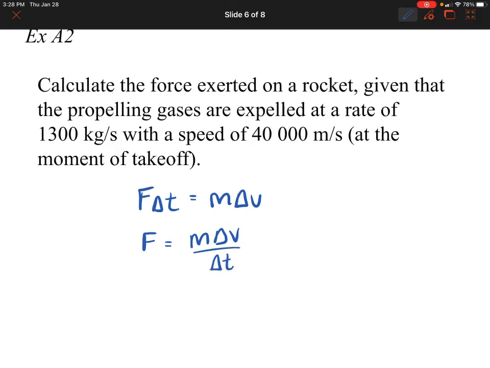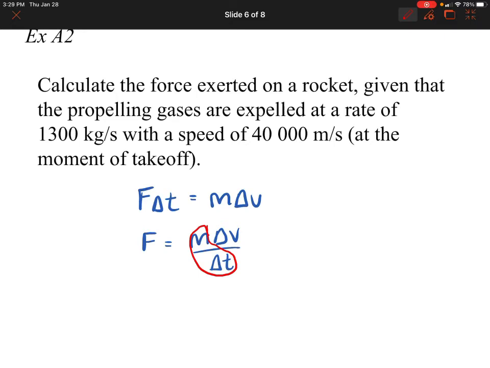If I'm looking for force here, I just divide both sides by delta t. But look what I get here, because I'm still given some information in a bit of a weird way. I'm not actually just given the mass, I'm given how much mass it's expelling per second. So technically, we do have this m over delta t here because it's that much mass per second.